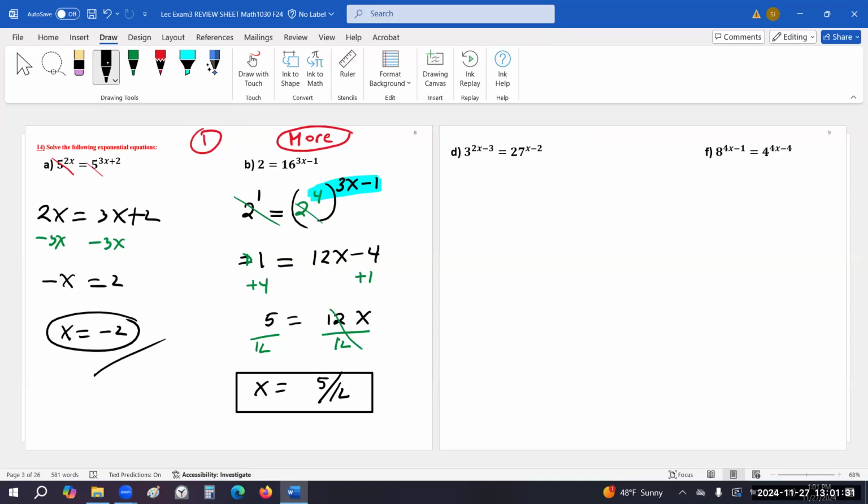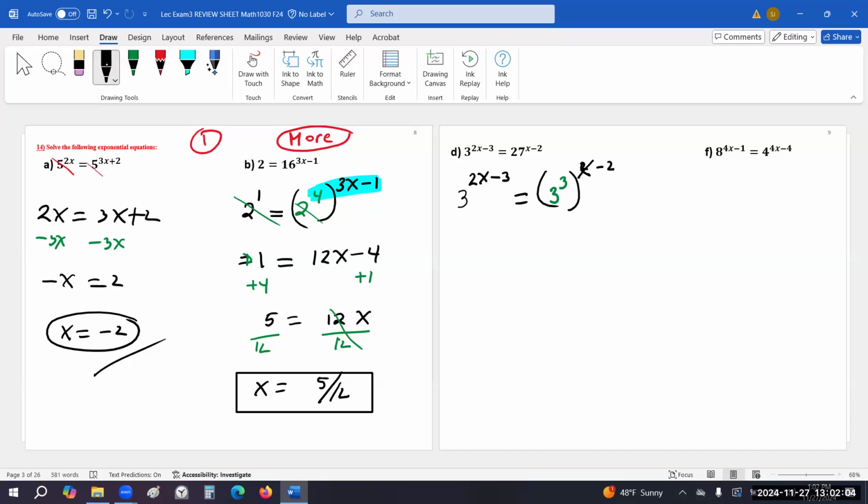Now the third type, we have the same thing. We can rewrite the bigger base using the smaller base. So the smaller base has 2x minus 3. We are going to rewrite the bigger base using 3: 3 to the 3.